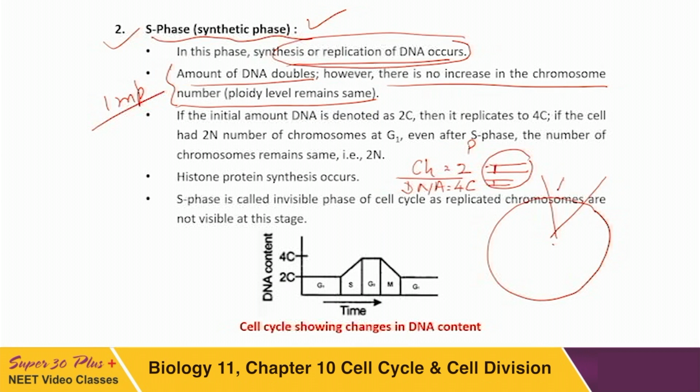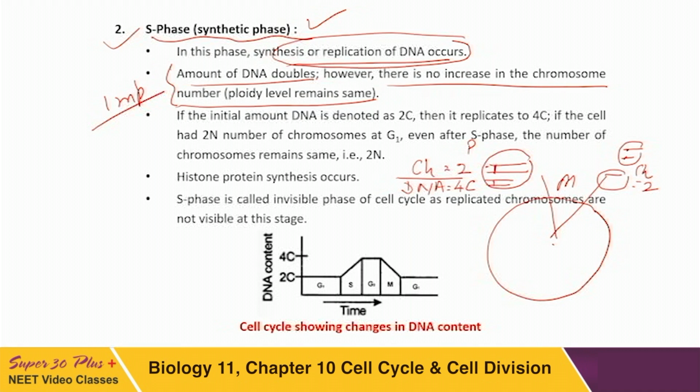Now it has entered into M phase, mitotic division, and it divided into 2 daughter cells. You know, in mitosis the number of chromosomes remains the same. So the number of chromosomes in daughter cells will also be equal to 2. One will be here, this is 1 and 2.